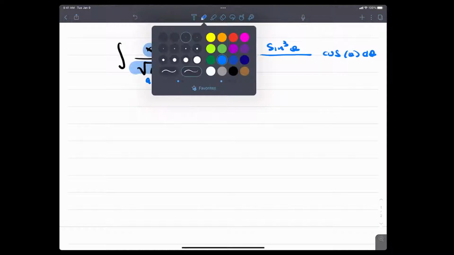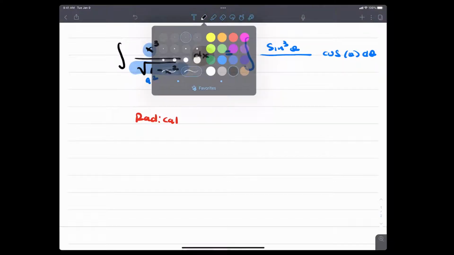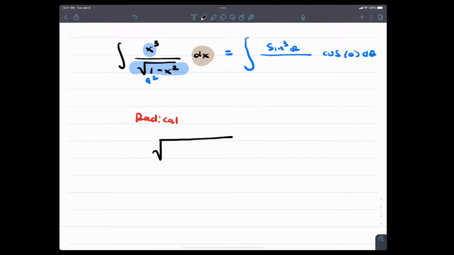And you might say, okay, what about the radical portion, right? Right, so here's what's going to happen with this radical. We have 1 minus, we're saying x is sine theta. So this is sine squared theta. Are you guys okay with that?